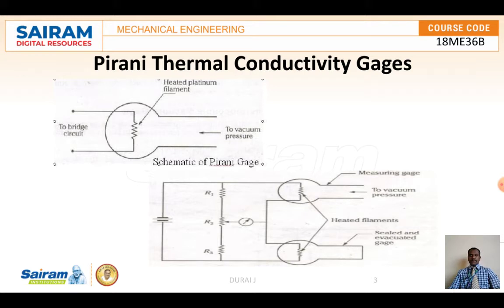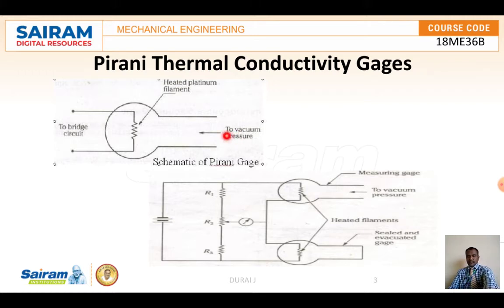If the supply of heat energy to the filament is kept constant and the gas pressure is varied, then the temperature of the filament will alter, and therefore the method is pressure measurement.